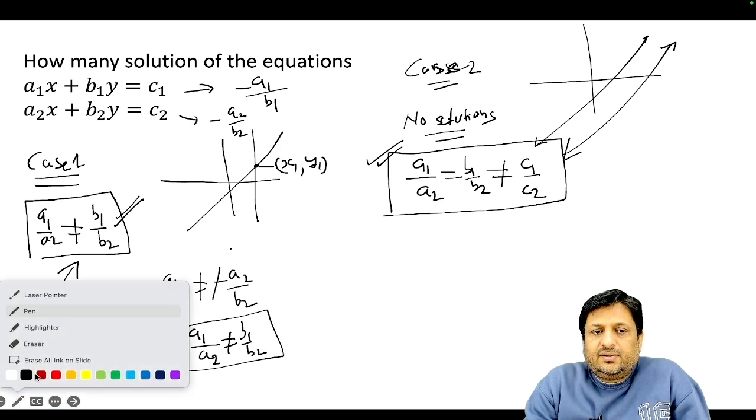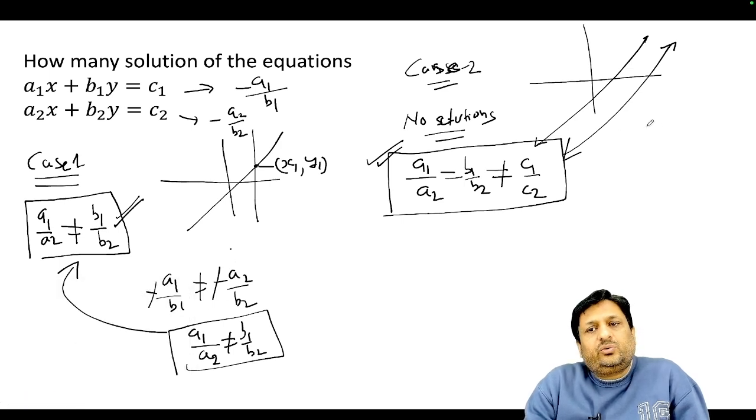For example, let's say I write the two equations, 3x plus 4y is equal to 15, and another equation is 6x plus 8y is equal to 50.